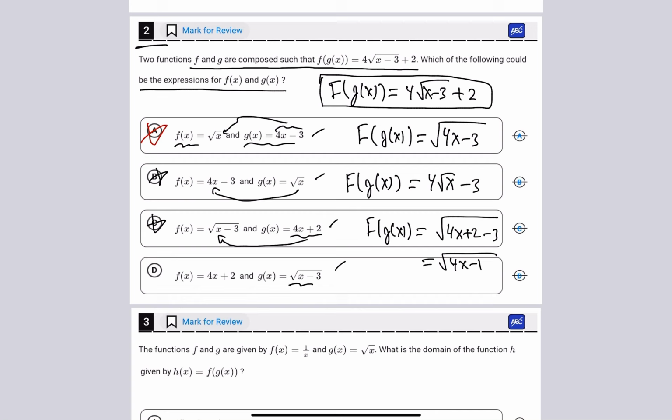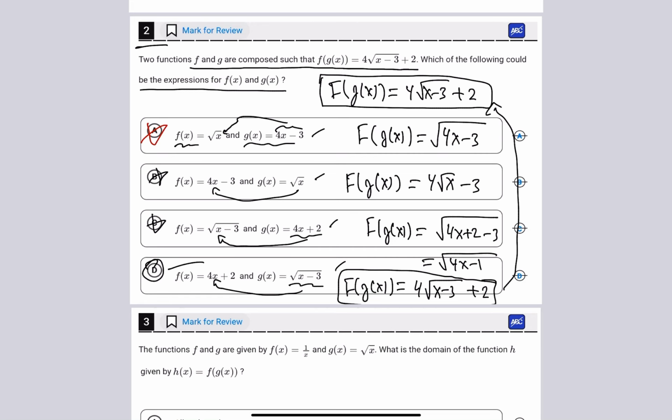For f of g of x, we're plugging square root of (x minus 3) into x. We have f of g of x, which equals 4 square root of (x minus 3) plus 2, which is in fact exactly what we're asked to search for, which is the correct answer.